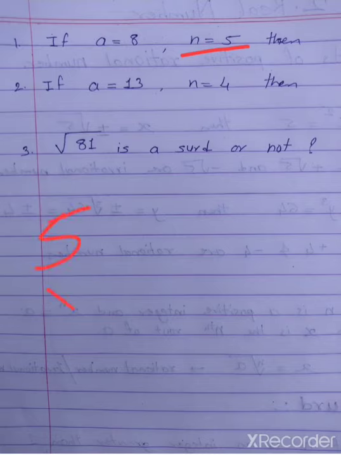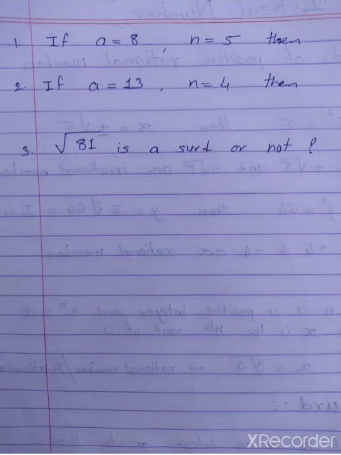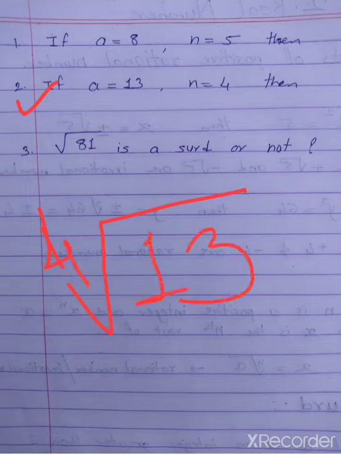So first write down the radical sign like this, and write down the radicand inside this sign. So this is the surd. Similarly, we can write the second statement. First write down the radical sign, then write down the order. Here the order is 4 and the radicand is 13.